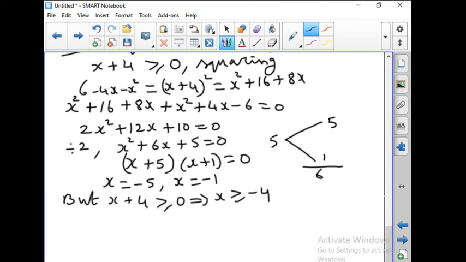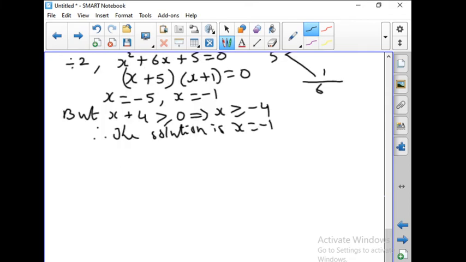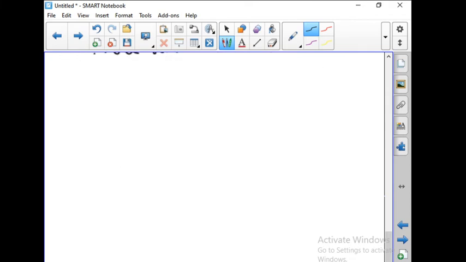Minus 5 will be smaller than minus 4. Okay. Therefore, the solution is x is equal to minus 1. Okay, so you should be very careful when you write the final answer.